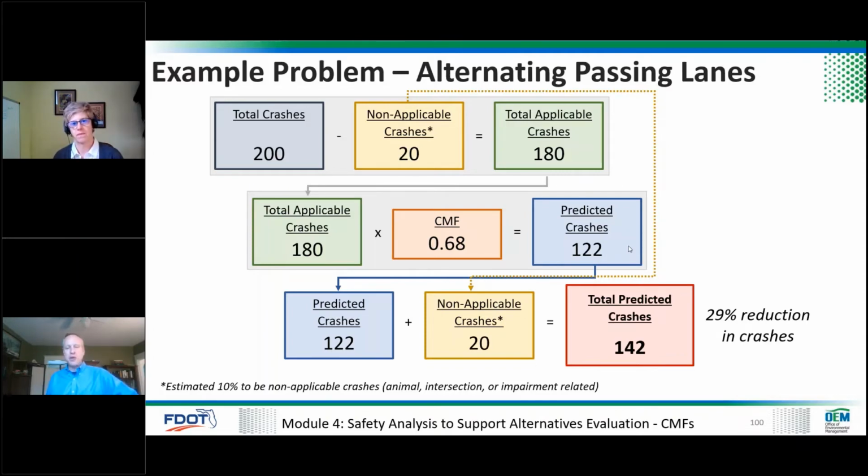There are many CMFs that would go above 1, so it is important to think through the context of how you're applying it. What is your situation? It may be that your situation is such that it's best to be conservative, so if it's still below 1, you could apply that higher end.